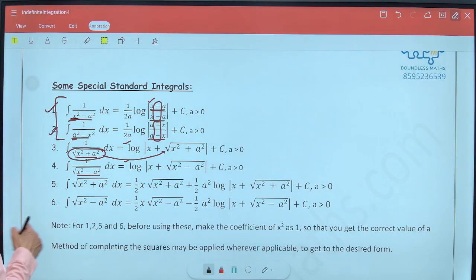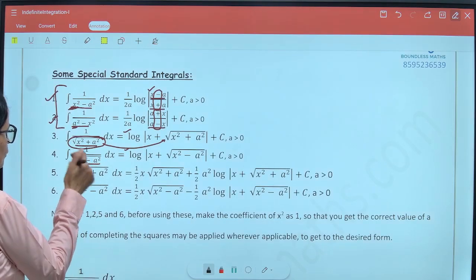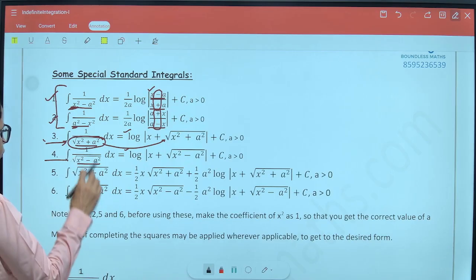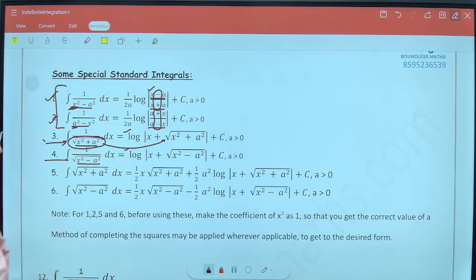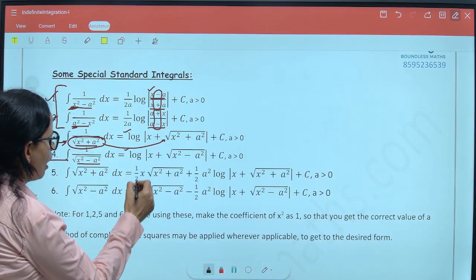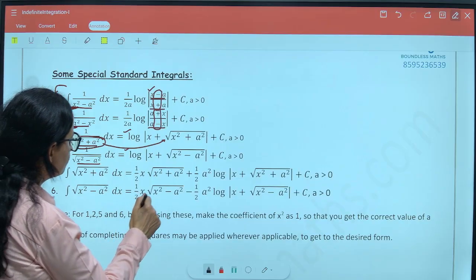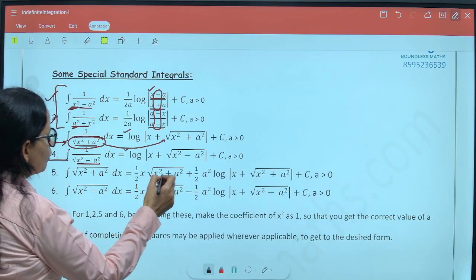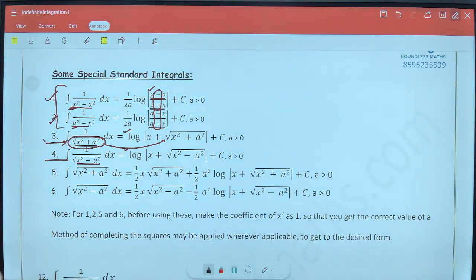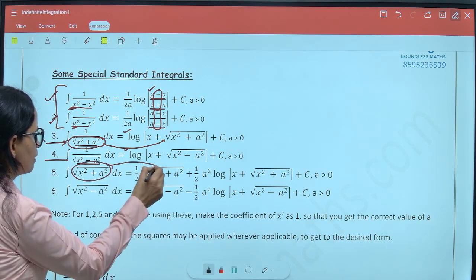Let's look at fifth and sixth. Now here the entire expression that was in the denominator in third and fourth, we have it in the numerator. Move it up, right? Now everything is in the numerator. How do you integrate this? Half of x square root of x square plus a square. The entire radical sign as it is comes here.